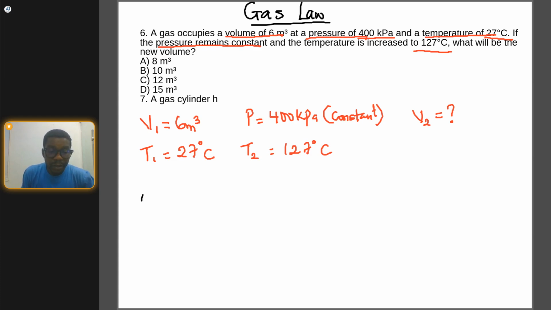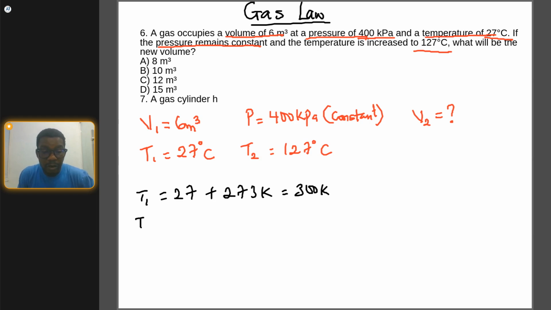So T1 is 27 plus 273 Kelvin, which equals 300 Kelvin. And the second temperature, 127 degrees Celsius plus 273, equals 400 Kelvin.